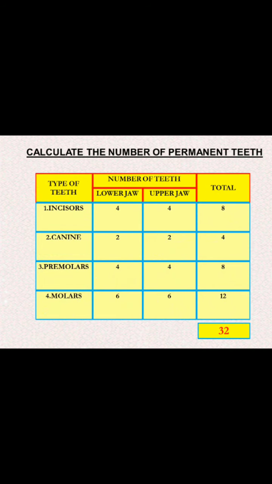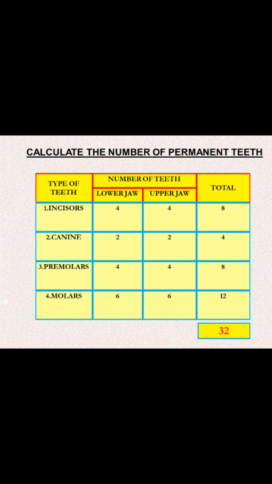Now let's calculate the number of permanent teeth in humans. As you can see, this table is describing the different types of teeth present in the lower jaw and upper jaw respectively. There are 4 incisors in the upper jaw and lower jaw, so in total we have 8 incisors.